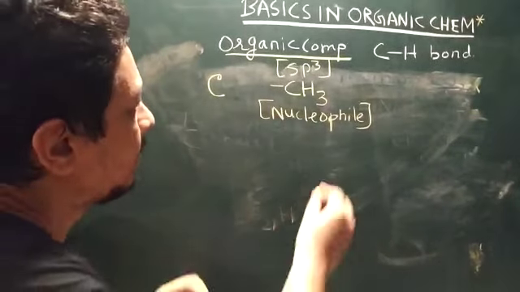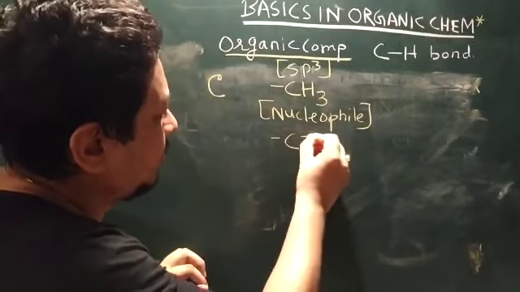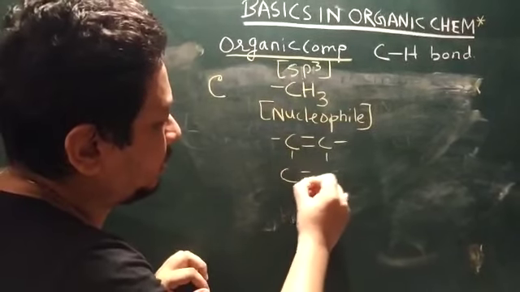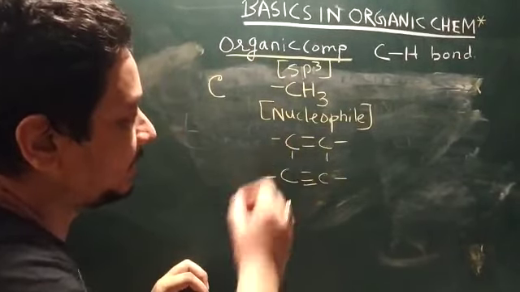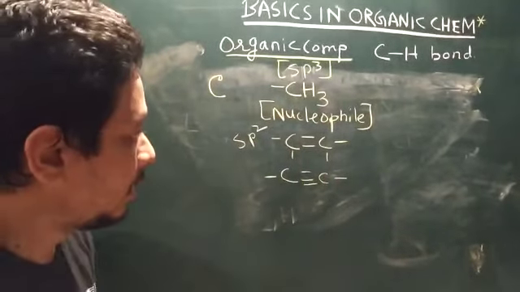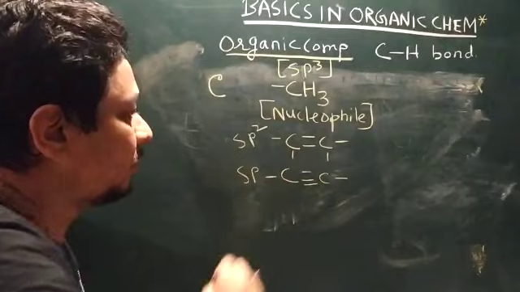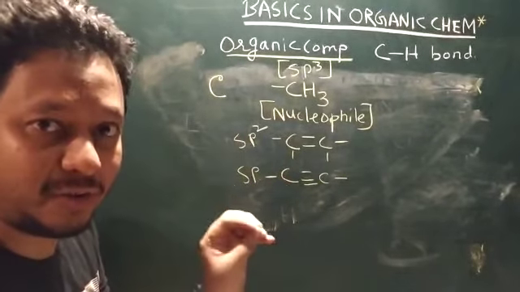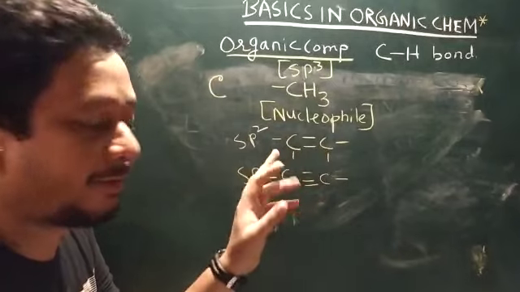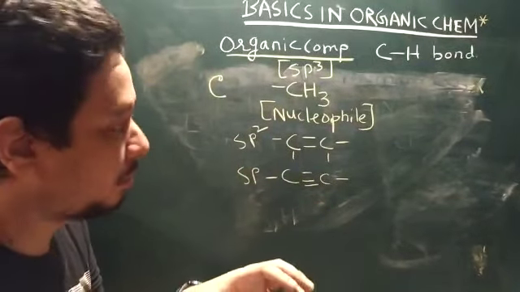But now, if you're talking about C double bond C, or C triple bond C, even though one is an sp2 hybridized carbon and the other is sp, in both cases it is a nucleophile. Why so? Because there is no difference in electronegativity.